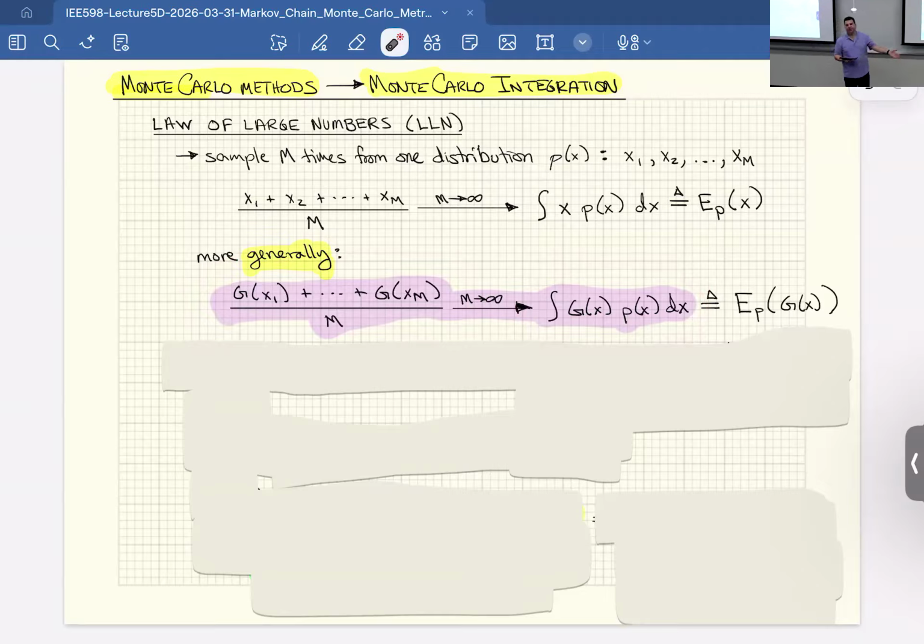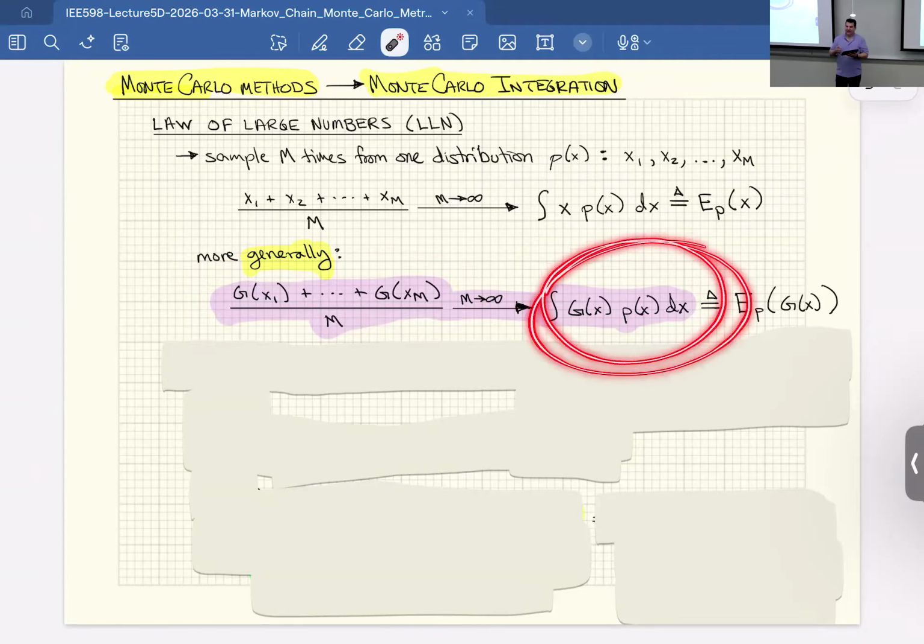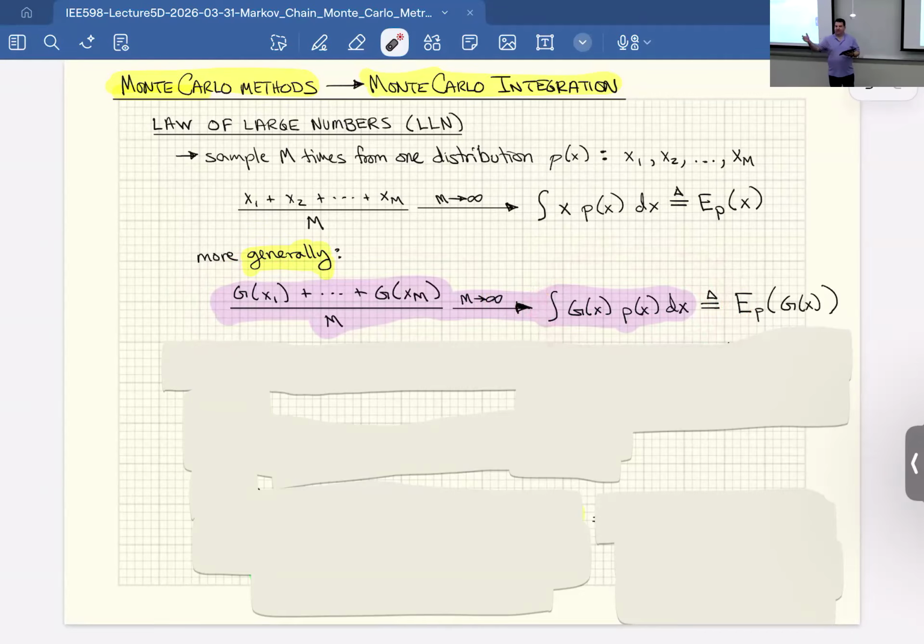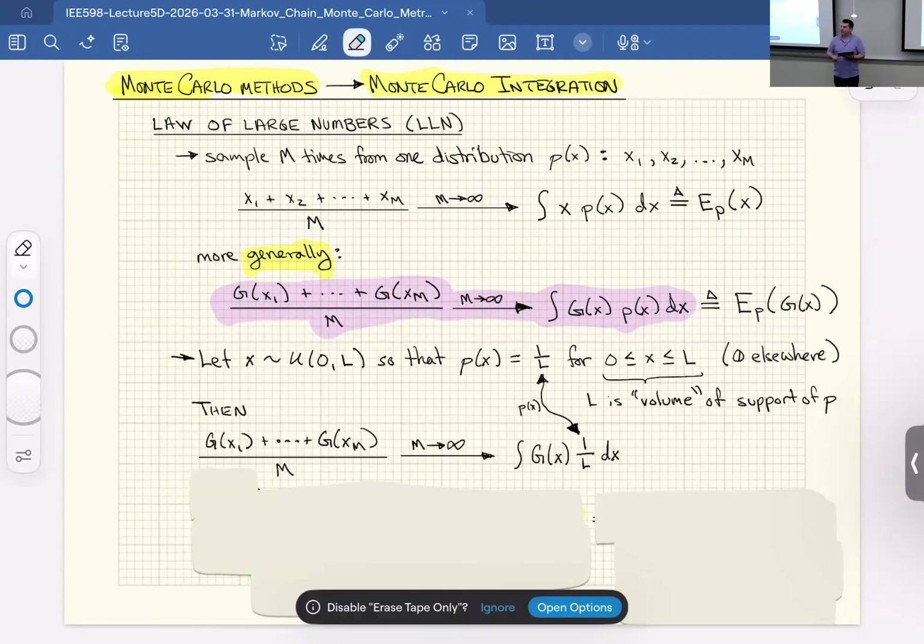I just take my samples, I run them through some function which transforms them, I take their average in the transformed space, and I get an estimate of this integral. And I didn't have to do any cutting things up into pieces and none of the numerics that you normally think of with integration. So how does that look?